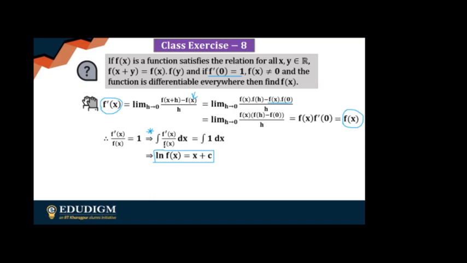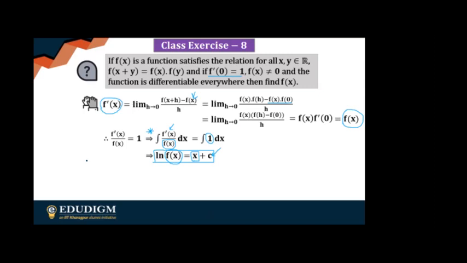Even if you don't know the exact integration and what's going on, look at the antiderivative method. If I just differentiate this, using the chain rule, log of something is 1 by that thing, and the chain rule will suggest that you multiply it by its derivative. So if you integrate this, you will just get log f(x), and 1 is very simple. This is x, and also you have this constant of integration.